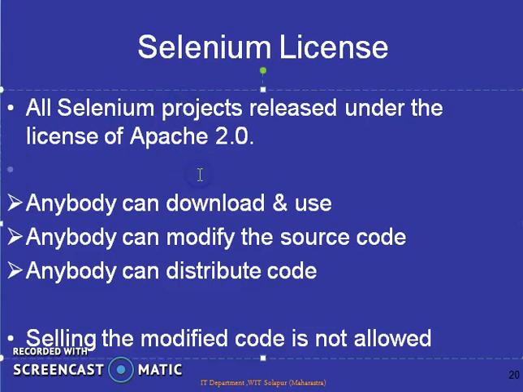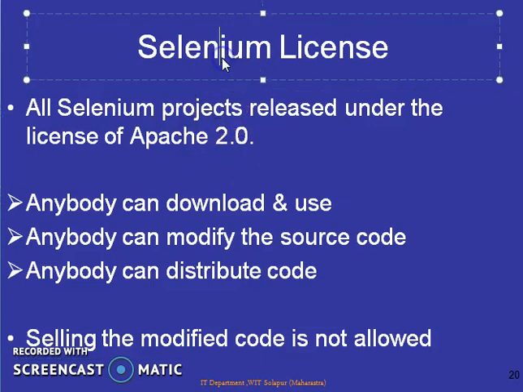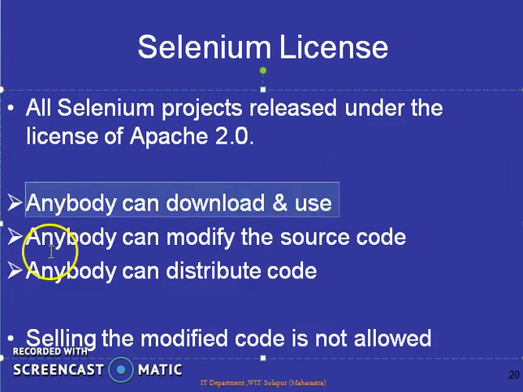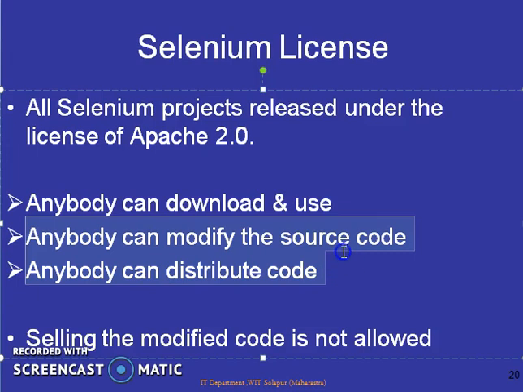And next we will discuss the Selenium license. This concept you should know. All Selenium projects are released under the Apache 2.0 license, which means that anybody can download and use, anybody can modify the source code, and anybody can distribute the code.